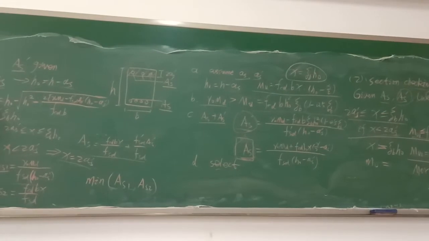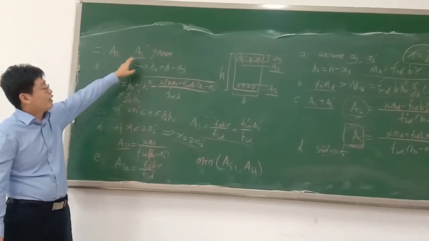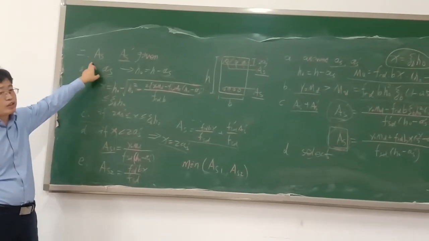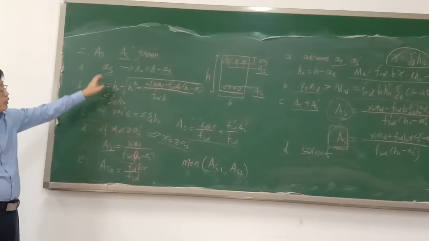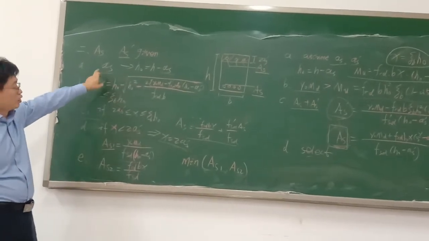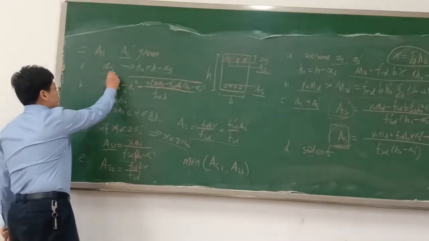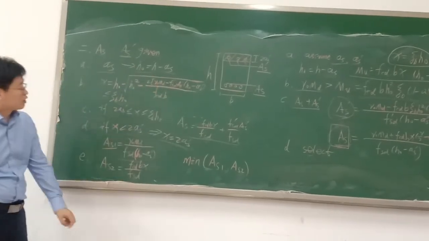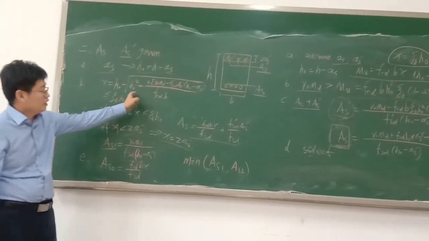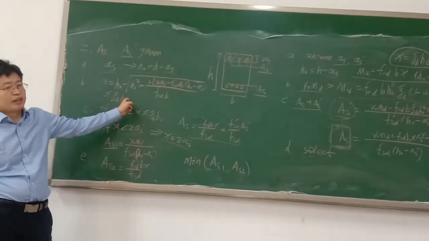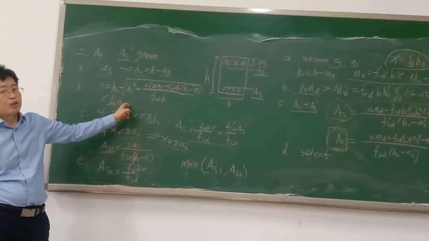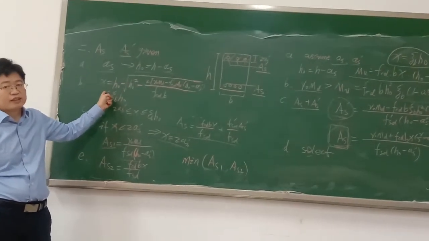And for this situation, AS prime I give to you and ask you to calculate AS. We also assume AS, and we got H0. Once you got H0, you can use the basic equation, the product equation, to get this result x.